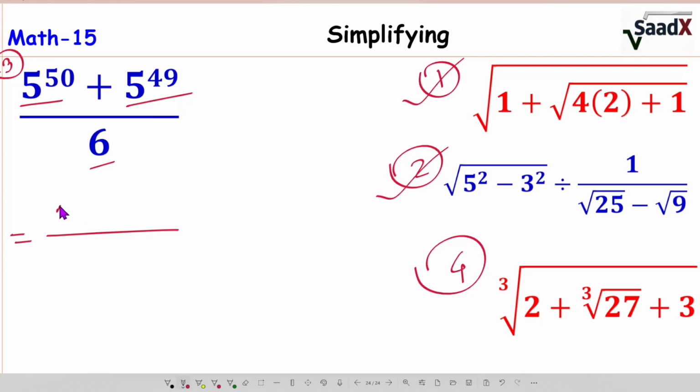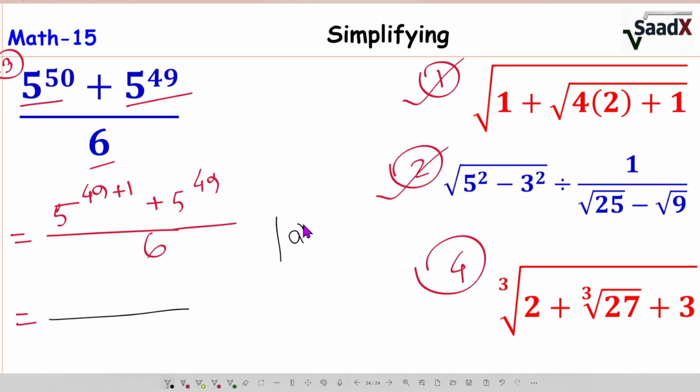How? Look, we can write 5 to the power 49 plus 1, plus 5 to the power 49, divide 6. Now look, we know a to the power m plus n, we can write a to the power m times a to the power n, right? So this one also we can write 5 to the power 49 times 5 to the power 1, and here is plus 5 to the power 49, divide 6.